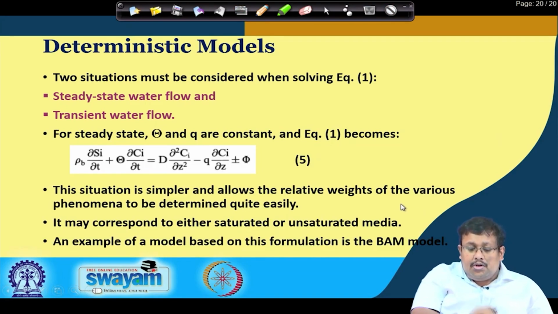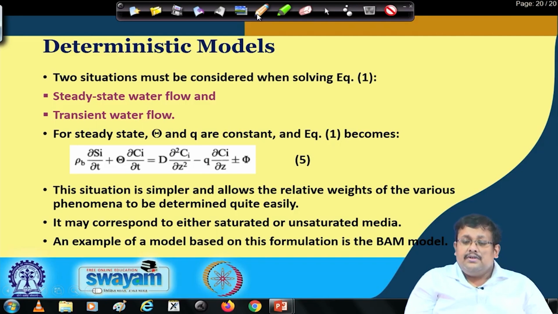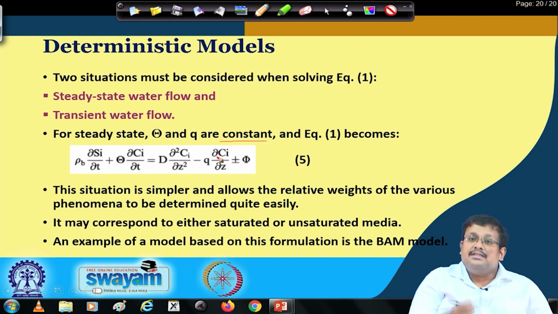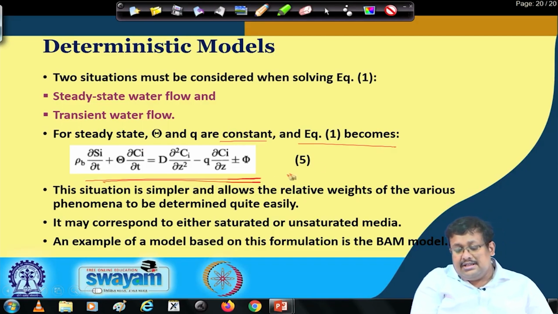Now, for a steady state, this theta, which is the volumetric water content, and q, which is basically the flux, are constant because it is steady state, and thus equation 1, or the one dimensional CD equation, will be converted to this equation 5.